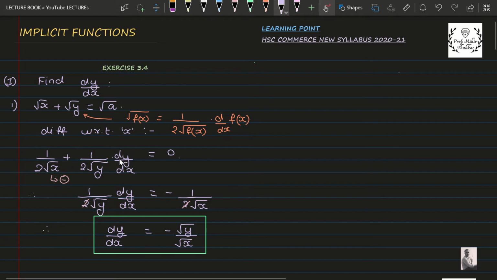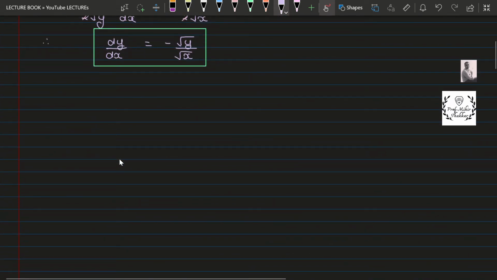Let us see the question number 2. Question number 2 says x cube plus y cube plus 4x cube y is equal to 0.